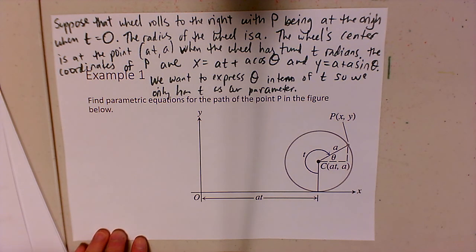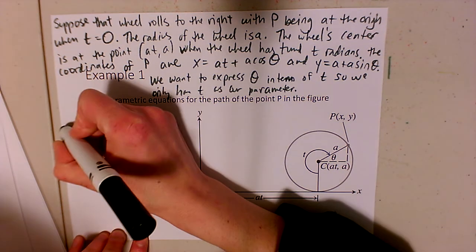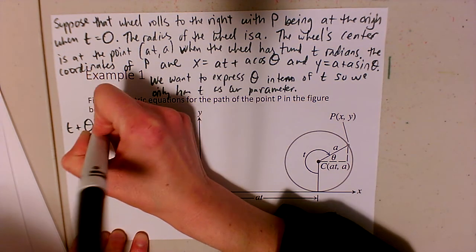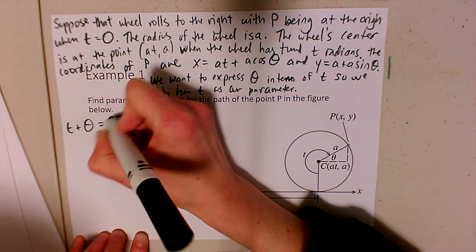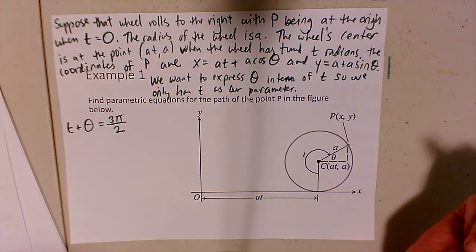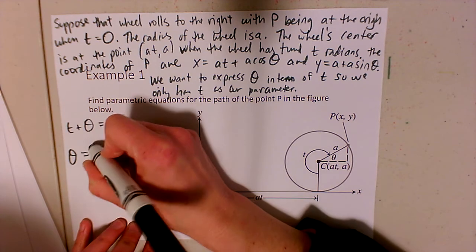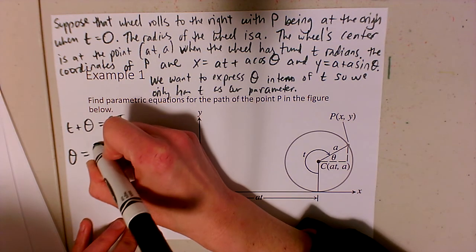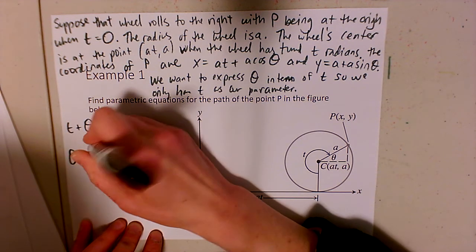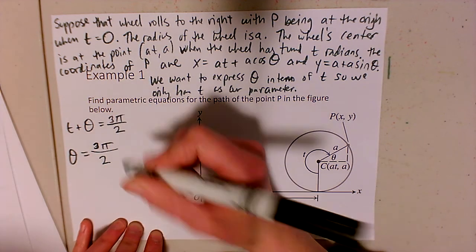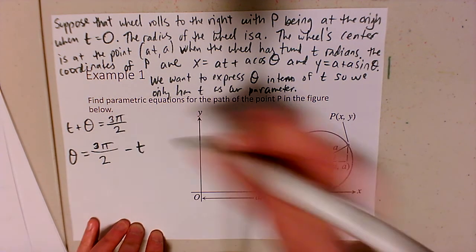So what we can do is we could say that t plus theta is going to be 3 pi over 2. So then theta is 3 pi over 2 minus t.